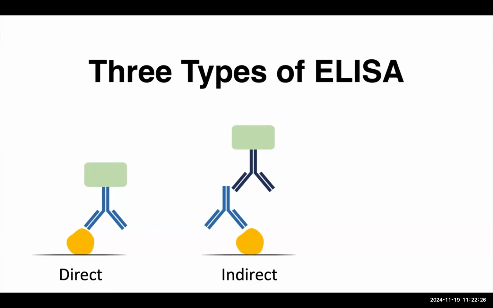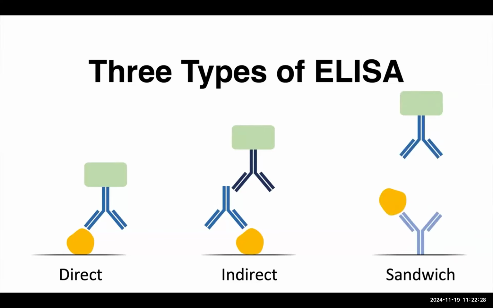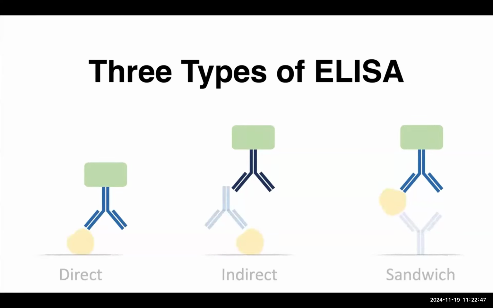The most common type is the sandwich ELISA. A primary antibody is immobilized and captures the antigen of a solution, and another primary antibody specifically binds the same antigen. But all three ELISAs have one thing in common. The last antibody binding is always conjugated to the enzyme, which confirms binding.